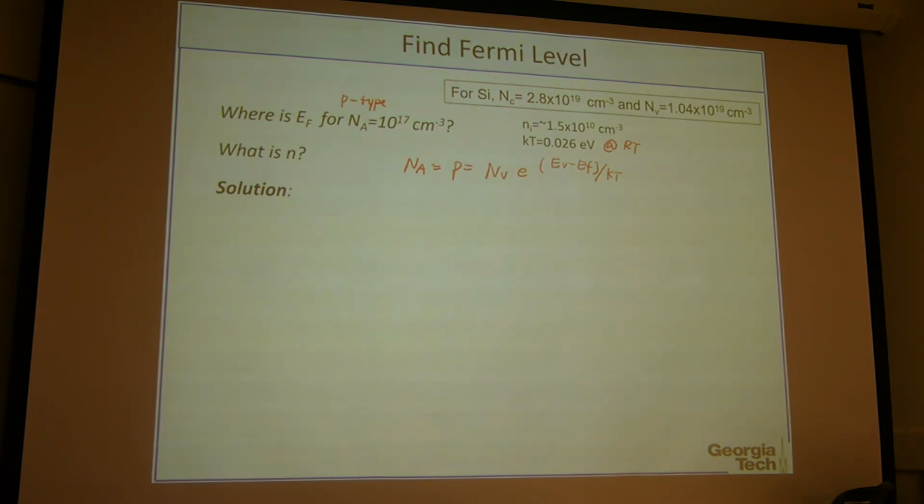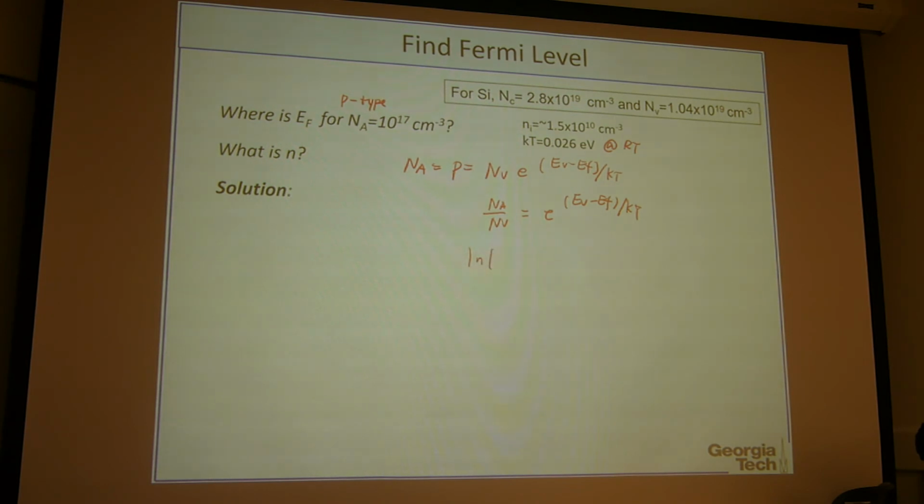So then we can move this around. Over kT. And then we need to take a natural log on both sides.